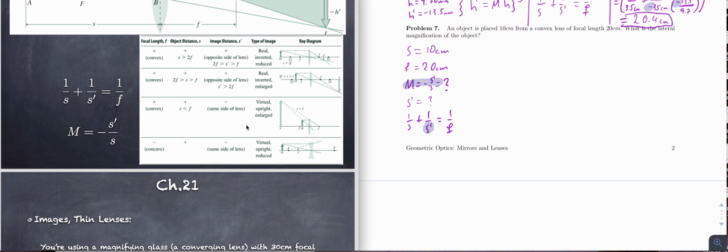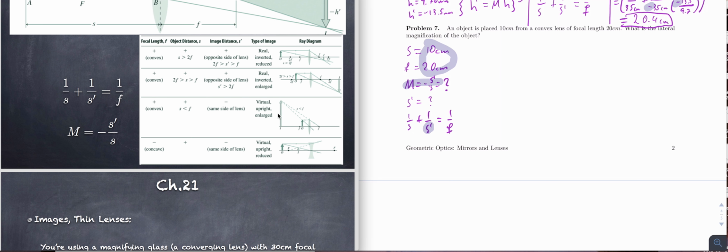First of all, I noticed that the object is placed between the focal point and the lens, which is right here. So if we place an object between the focal point and the lens, that means that the image is going to be virtual.